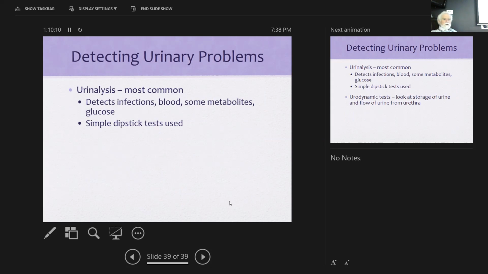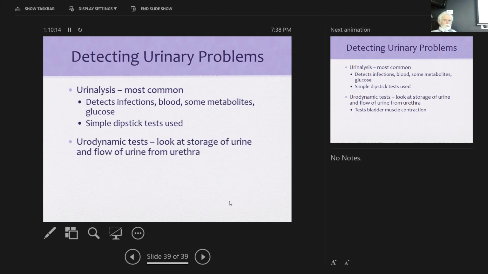So this is a good intro to what we're going to do next, which is looking at urinalysis. This is our most common way of detecting these problems. We can find evidence of a variety of different components, and we can use these things with simple dipsticks that use tests that are what we call CLIA-waived.